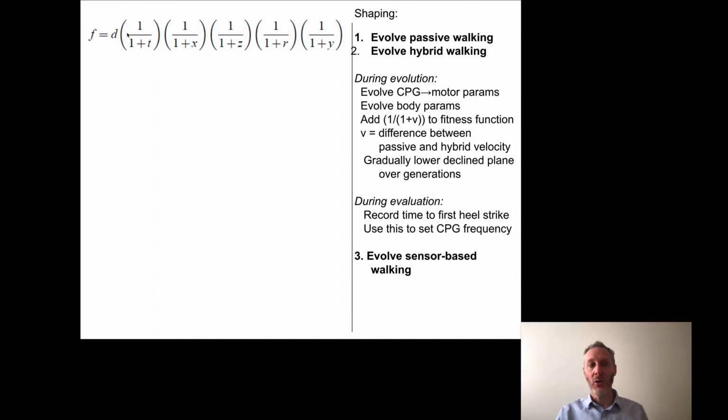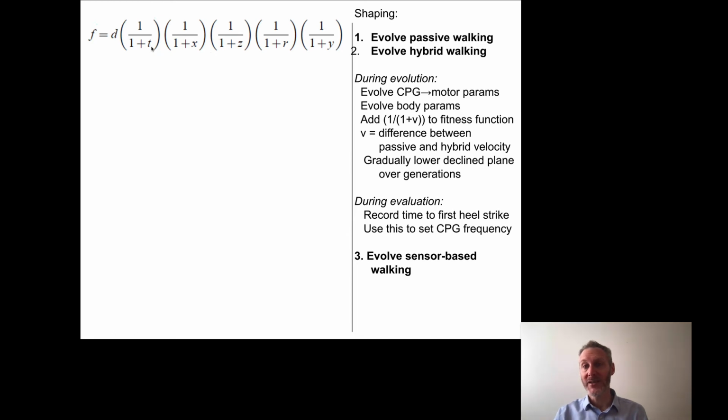Okay, so this fitness function, you can notice that all of the terms have no subscripts underneath. You can just in your head paint a subscript i under D, T, X, Z, R, and Y. D sub 1 is the distance traveled by the robot on the declined plane, and D sub 2 is the distance traveled by the robot on flat ground.